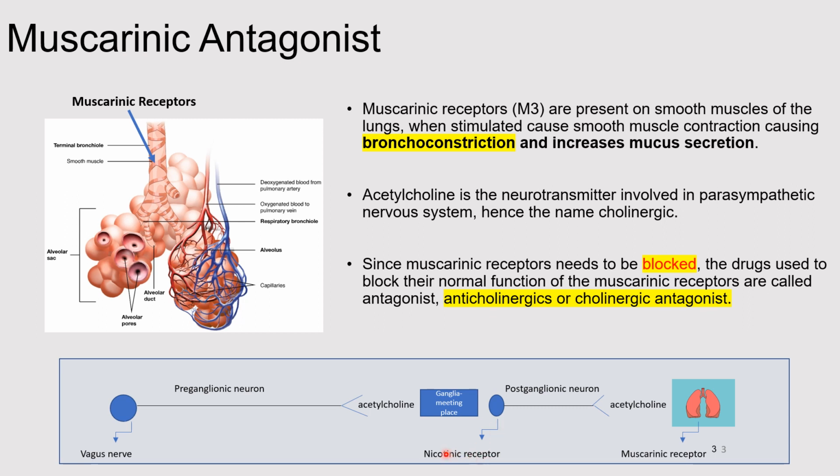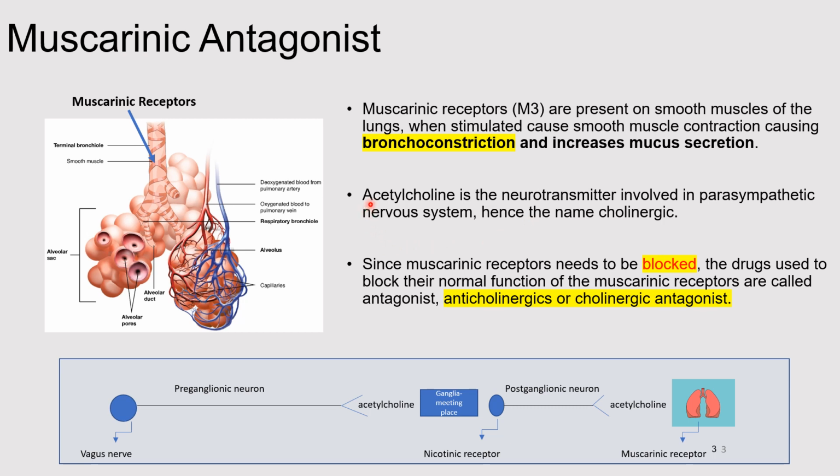They get activated by the acetylcholine secreted by the preganglionic neuron, and when activated, they release acetylcholine, which acts on the muscarinic receptors on the smooth muscles of the lungs. When those get activated, they produce bronchoconstriction and increased mucus secretion.